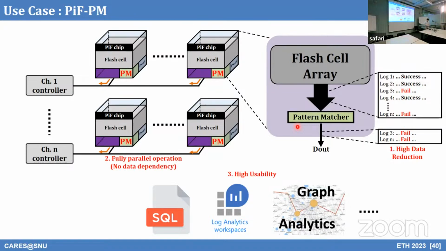In this pattern matcher, for example, we have some log, and we want to search for a particular keyword out of each log stored in flash. This kind of operation is all independent, there is no data dependency, and this is useful for this kind of application.